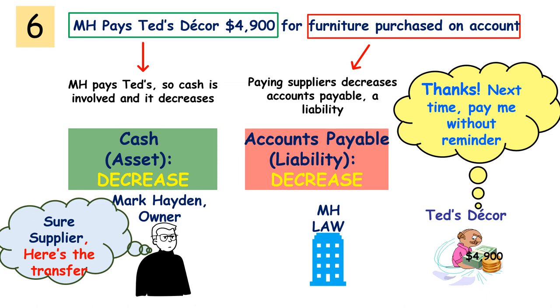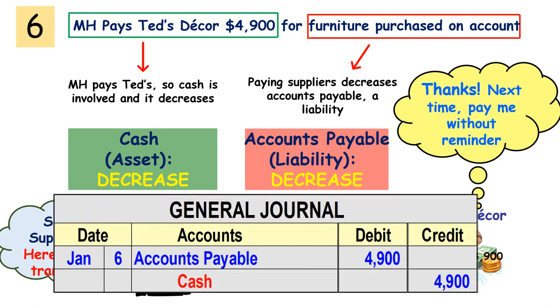A cash asset decrease is credit. So now we found out the credit, which means the next line is a debit. Applying the rule, accounts payable liability decrease is a debit. So we always write the debit line first: accounts payable 4,900 debit, cash will be credited $4,900.